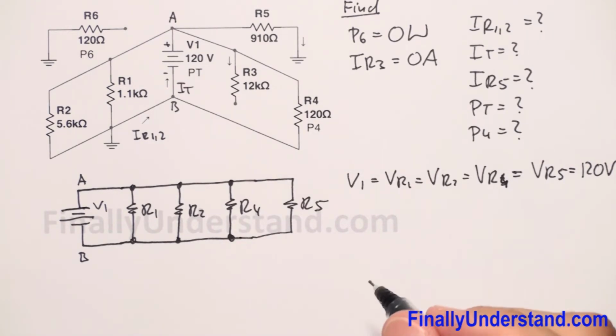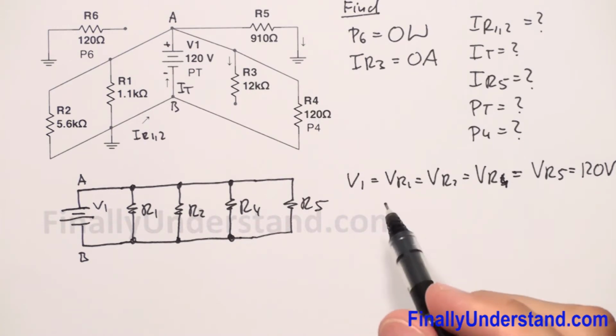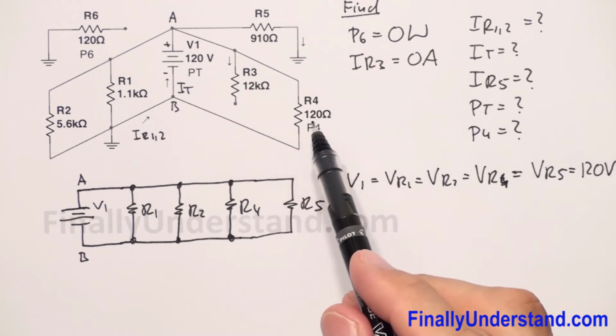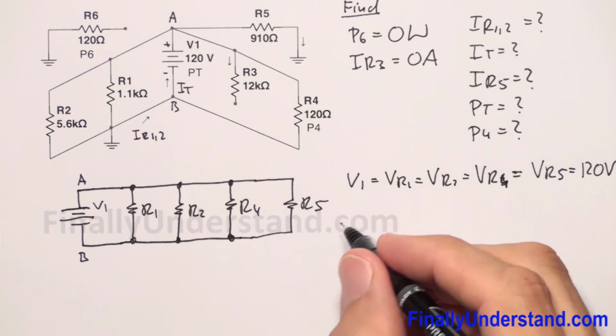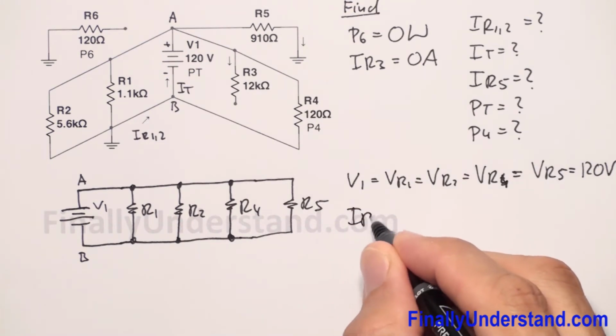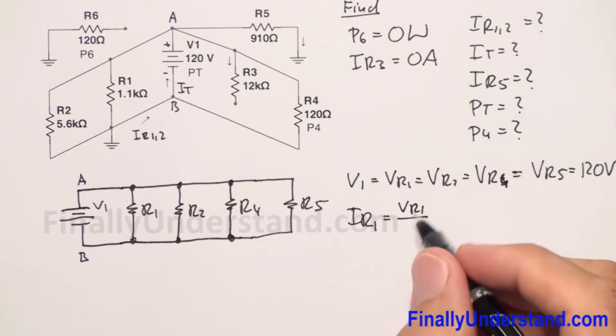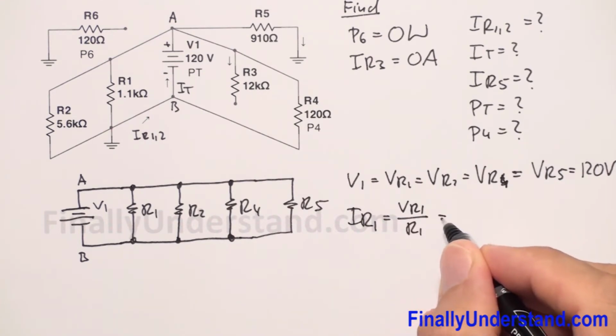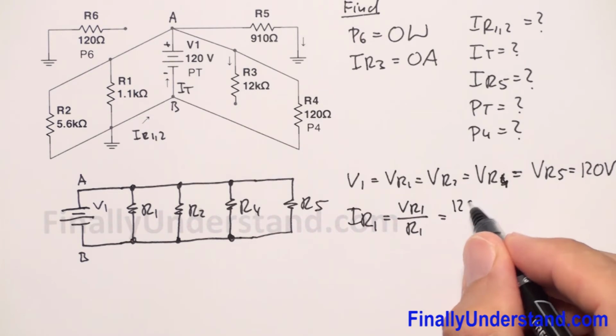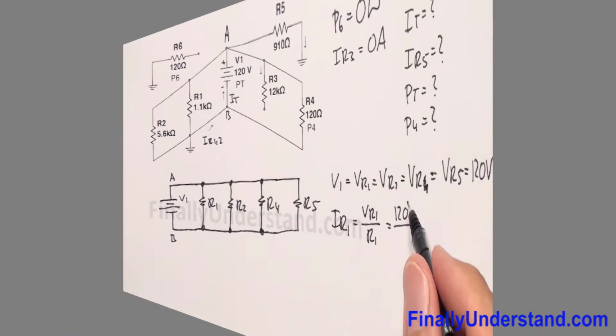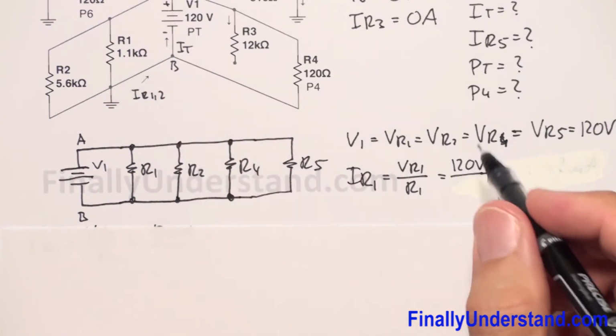Next we're supposed to find the currents because the resistances are given. So I can write that IR1 is equal to VR1 over R1, which is equal to 120 volts over R1, which is 1.1 kilo ohm.